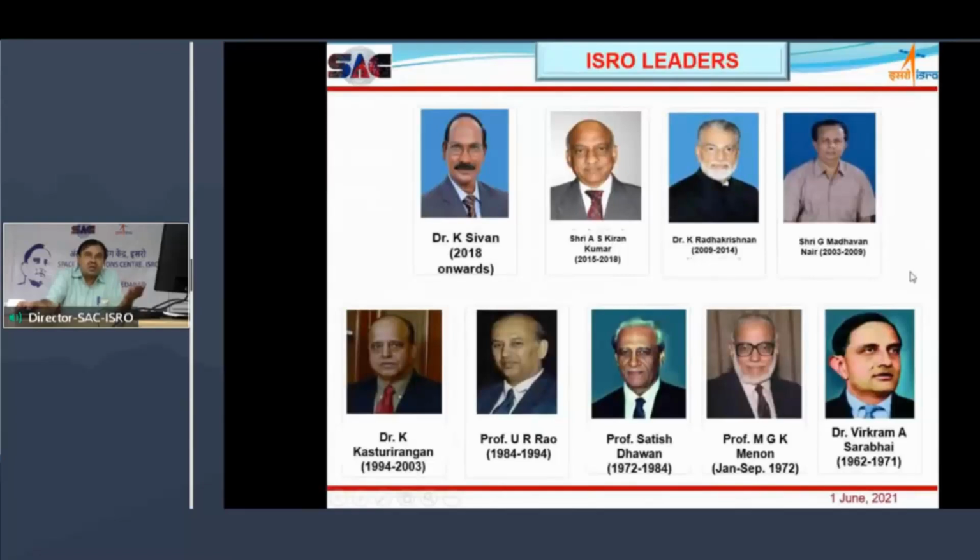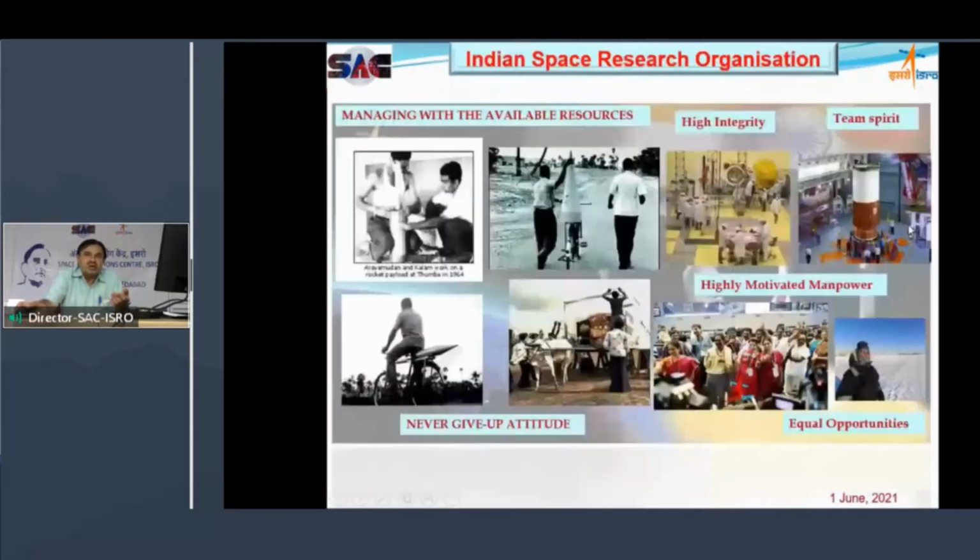These are our leaders, all of you know them, so I need not elaborate much. But what differentiates ISRO is that we can manage with available resources. We even carried rocket parts on a cycle. That is how ISRO started its work. We select people with high integrity and very good intellectual capability, very meritorious people, and give them training. The basis is the work culture, the ethos, the ethical spirit of the people who work here, and team spirit.